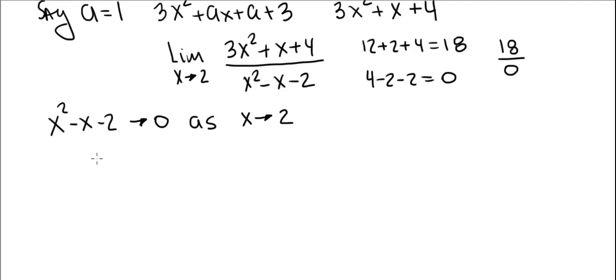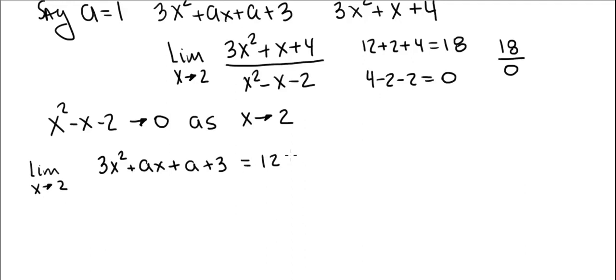So let's bring back the numerator. It is 3x squared plus ax plus a plus 3, and the limit as x approaches 2 of the numerator is 12 plus 2a plus 3, which we can write as 15 plus 3a.